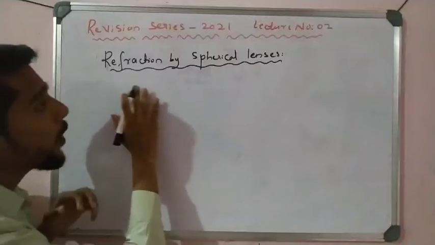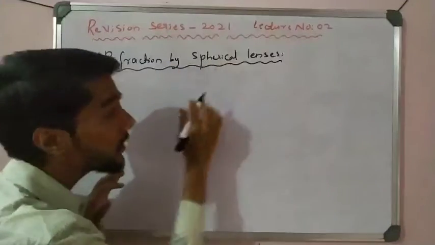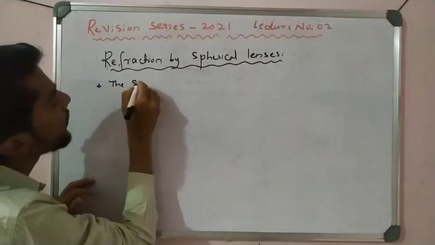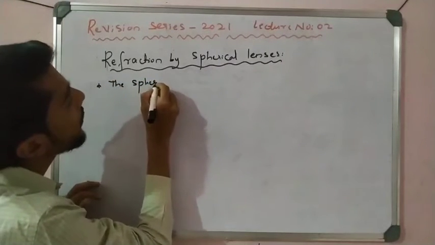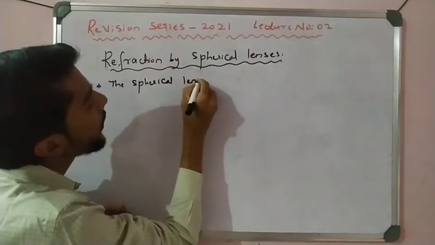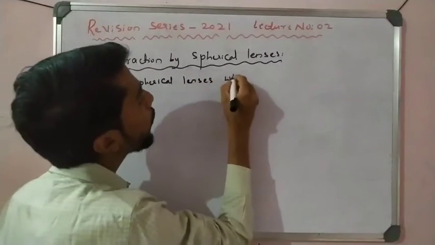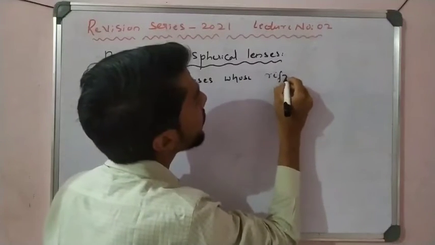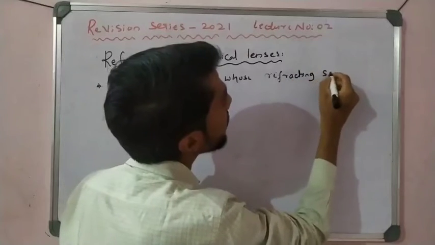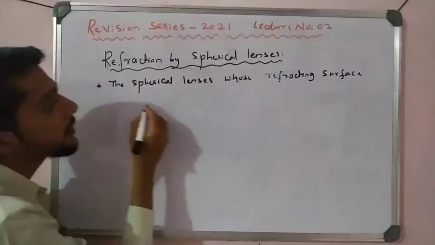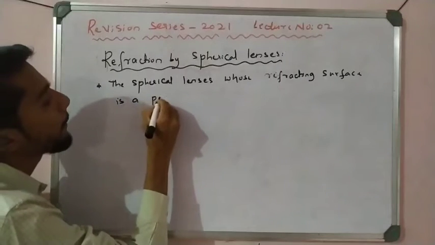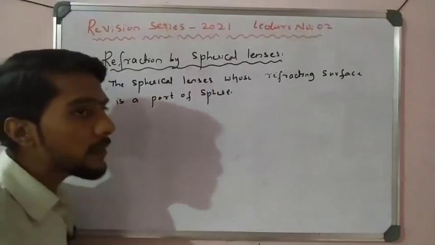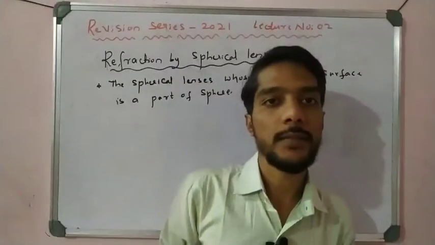So I can define what a spherical lens is. A lens whose refracting surface is a part of a sphere is called a spherical lens, right?